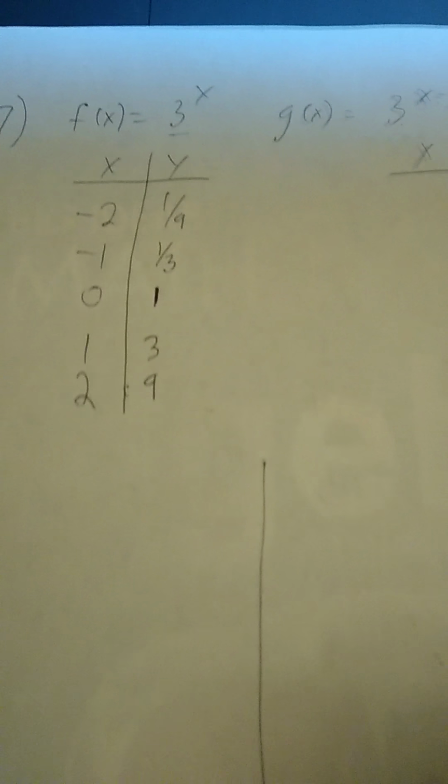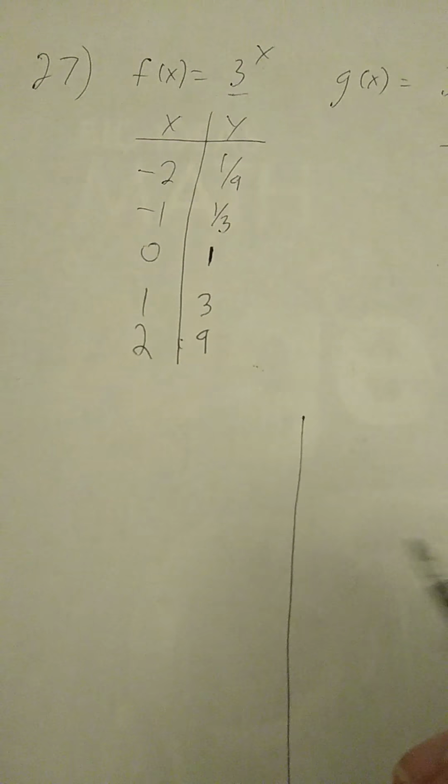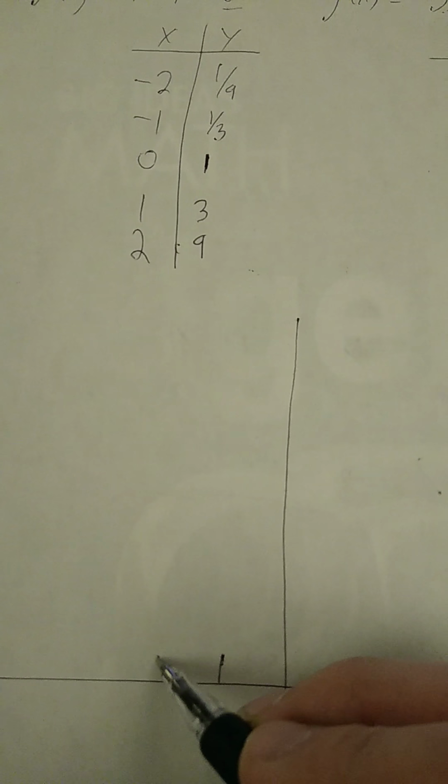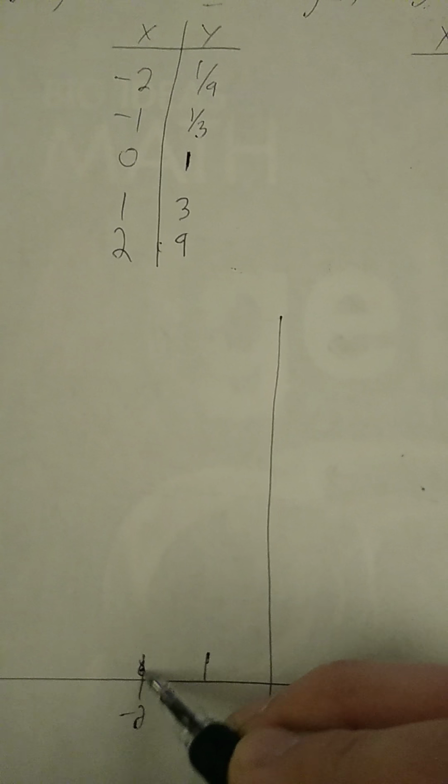That's the parent function. Now if I draw that parent function, that means from negative 2 on x, I'm going to be at 1/9. Very, very small.